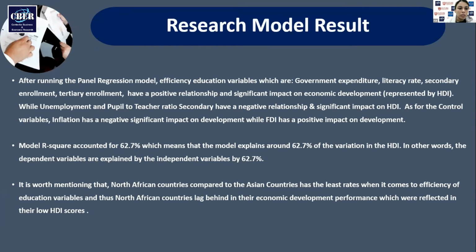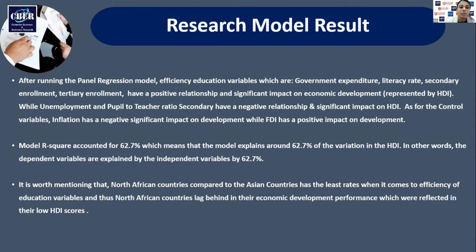After running the panel regression model, the results can be categorized in two main categories. The first category is the variables that had a positive and significant impact on the HDI: government expenditure, literacy rate, secondary enrollment, and tertiary enrollment.